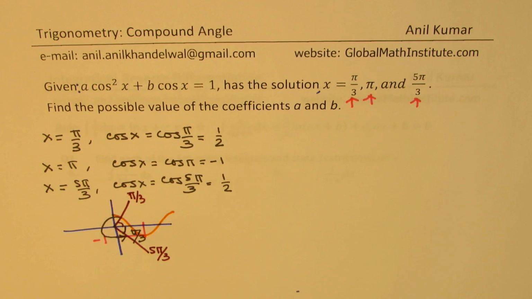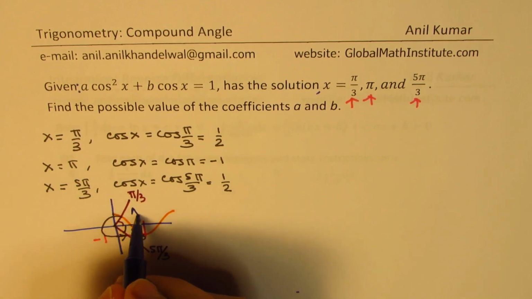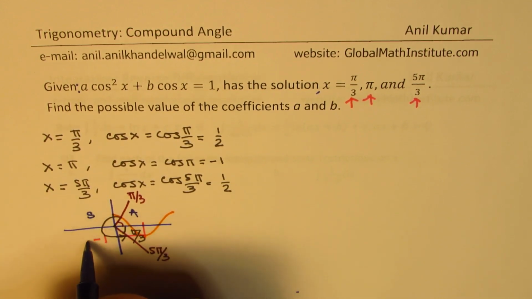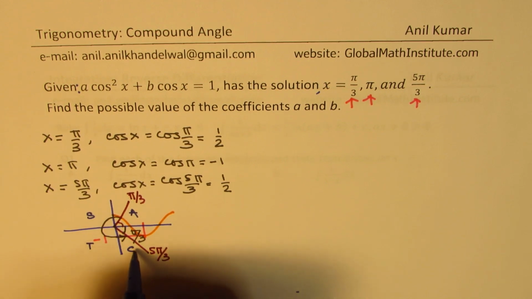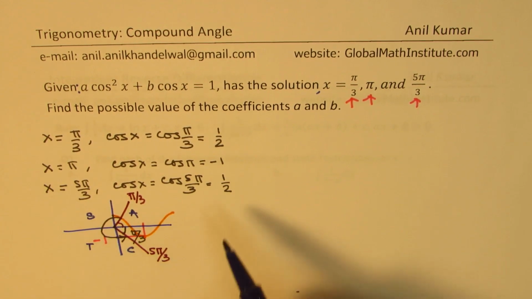So both angles are the same, and you know from the rule that all are positive in quadrant 1, so cos pi by 3 is positive. Sine, tan and cosine, cos is positive in quadrant 4 also, so both values should be positive and same.